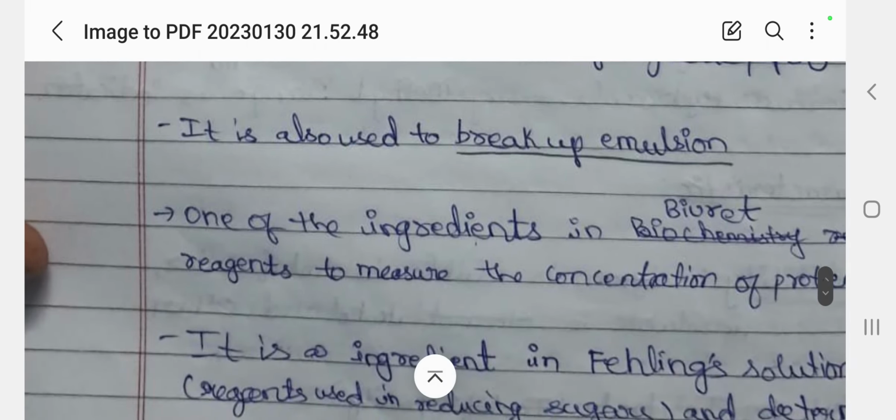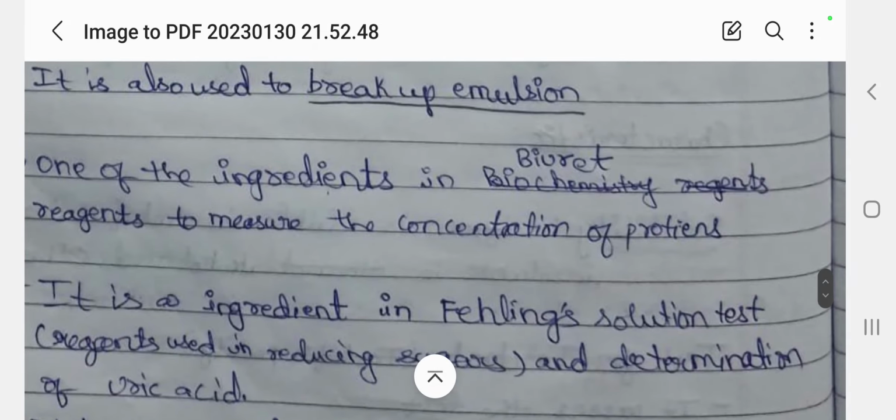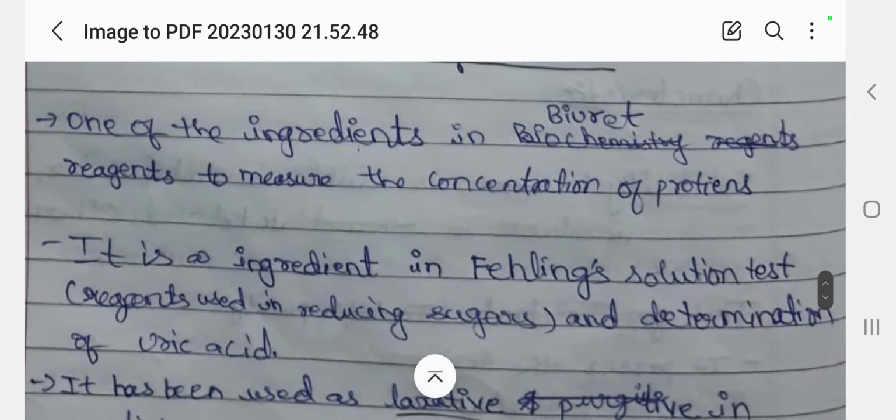Next, it is also one of the ingredients in the biuret test reagent. What is the composition? Copper sulfate, sodium hydroxide, and sodium potassium tartrate are the main composition, used for the identification test for protein.